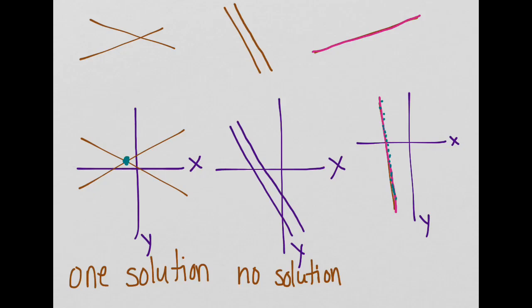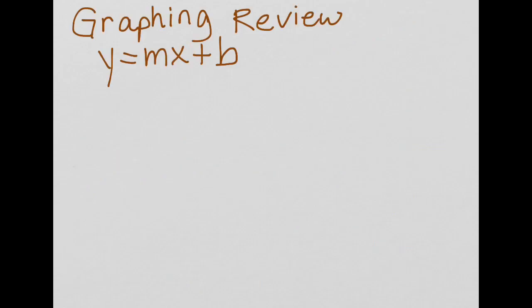In fact, they intersect an infinite number of times. And so if it ends up being the same line, it will have an infinite number of solutions. So those are the three scenarios that you can have. You could either have one solution, no solutions if the lines are parallel, or an infinite number of solutions if they end up being the exact same line.